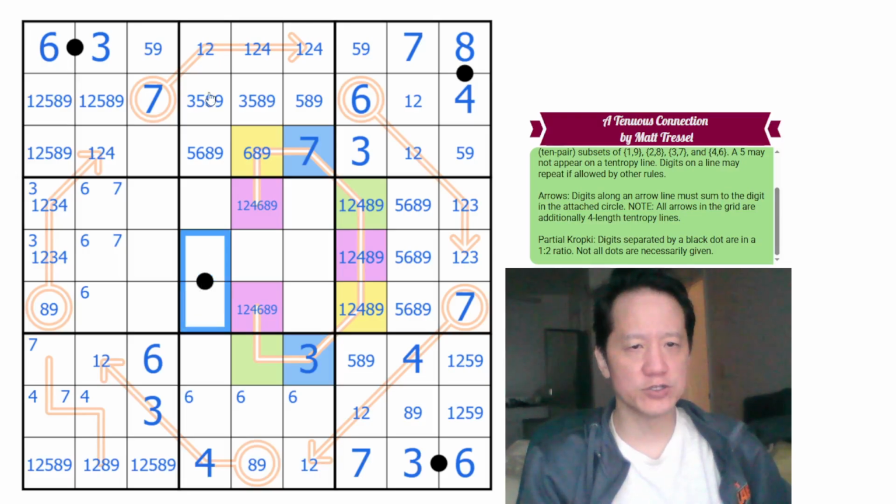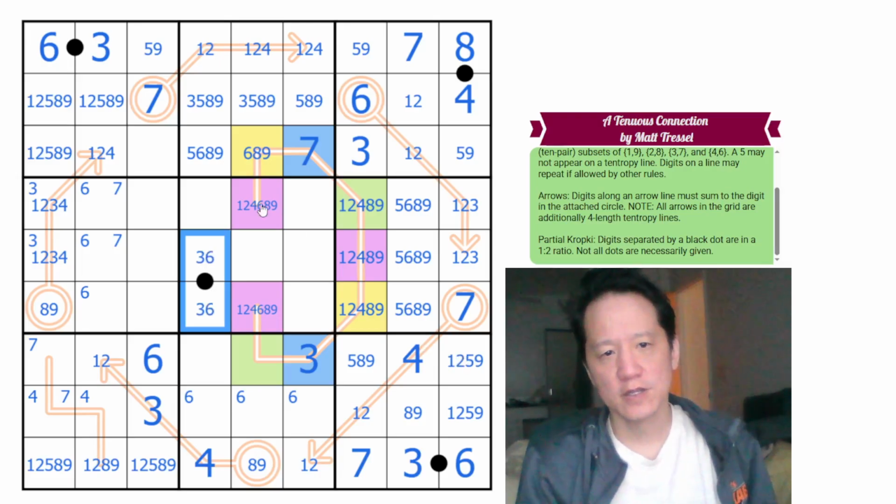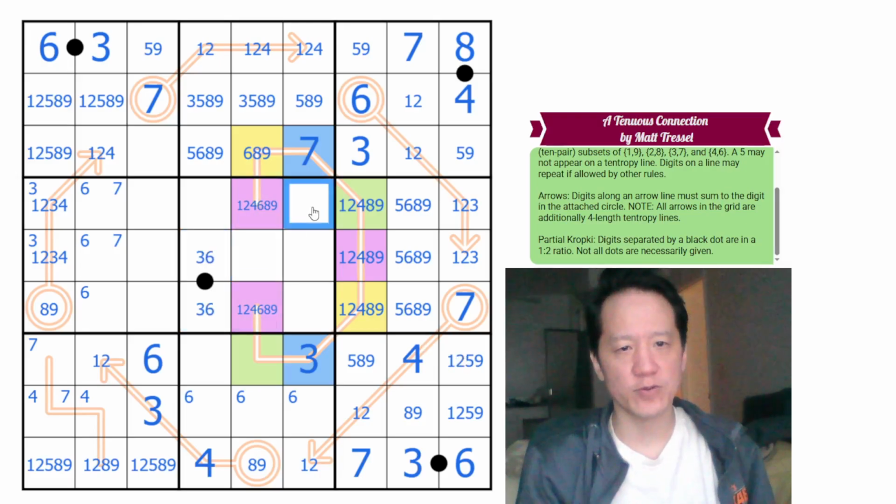Because if it's 1, 2, that would eliminate all possibilities for that cell. Cannot contain a 4, so it cannot be 2, 4, or 4, 8. So this has to be 3 and 6. Therefore, 6 is removed from the rest of the box because of the 3, 6 pair, also from the rest of the column. So this can't be 6. This can't be 6. And this can't be 3.